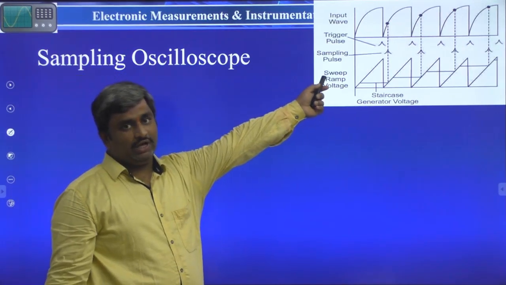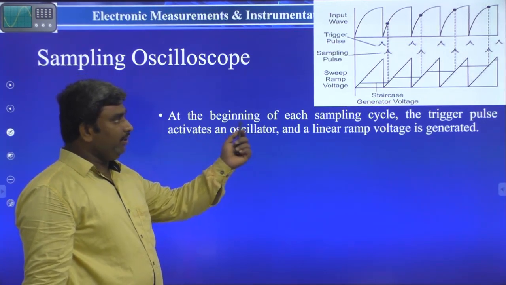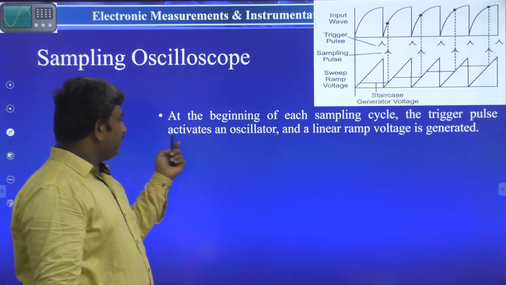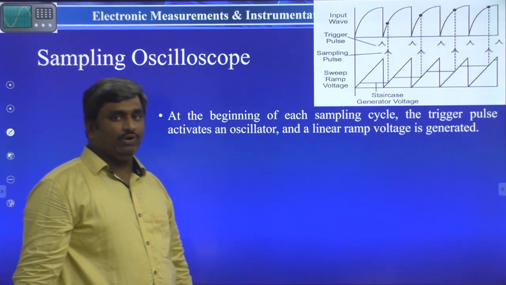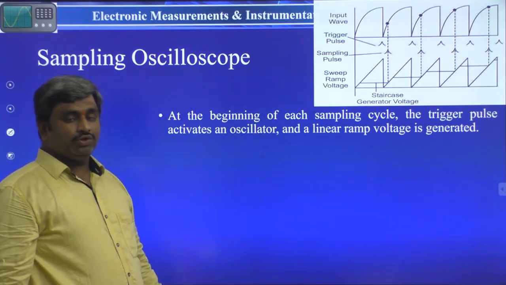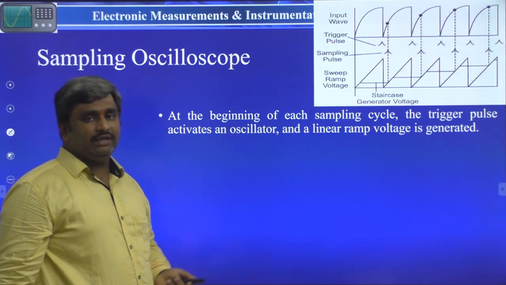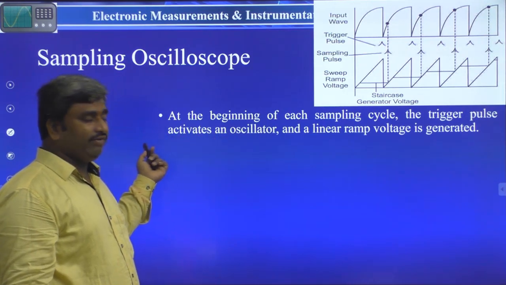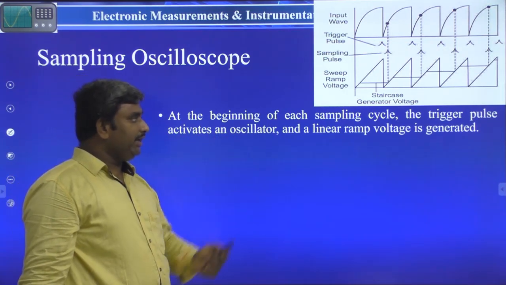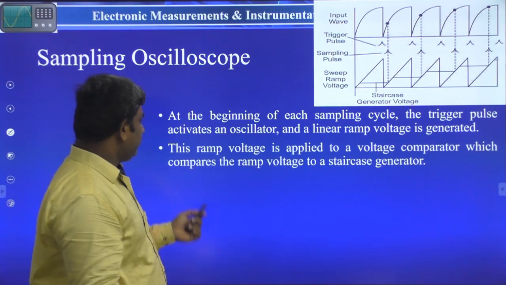So I have placed the graph here. Let us see the discussion. At the beginning of each sampling cycle, the trigger pulse activates an oscillator and a linear ramp voltage is generated. So every time the triggering pulse is generated, a linear ramp voltage is generated at that particular time.